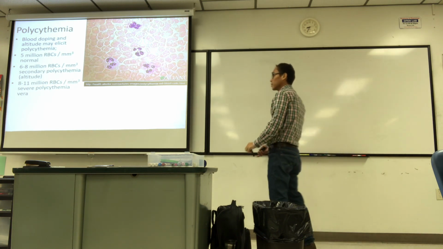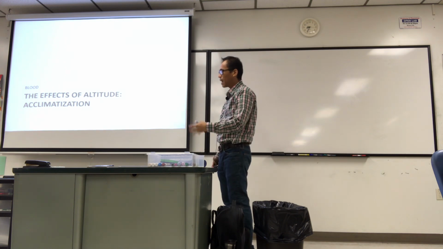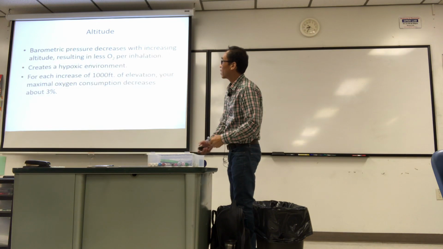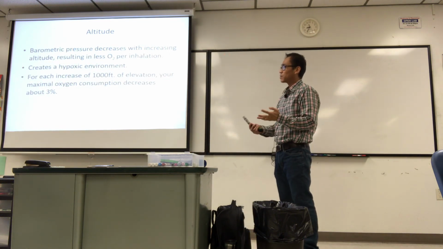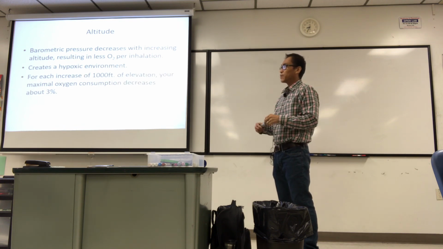So you get more blood. And that's called acclimatization. Barometric pressure decreases with increasing altitude, resulting in less O2 per inhalation. So it creates that hypoxic environment, not enough O2.